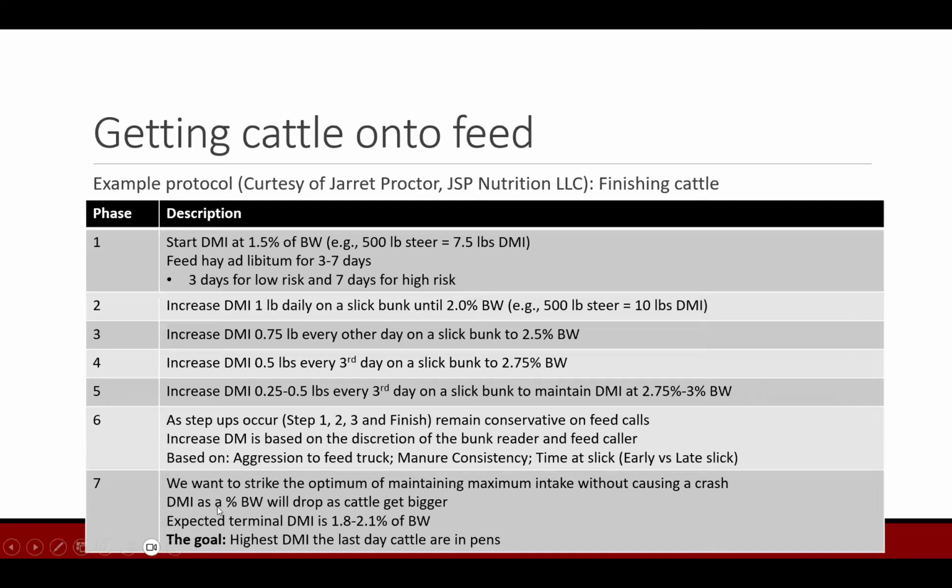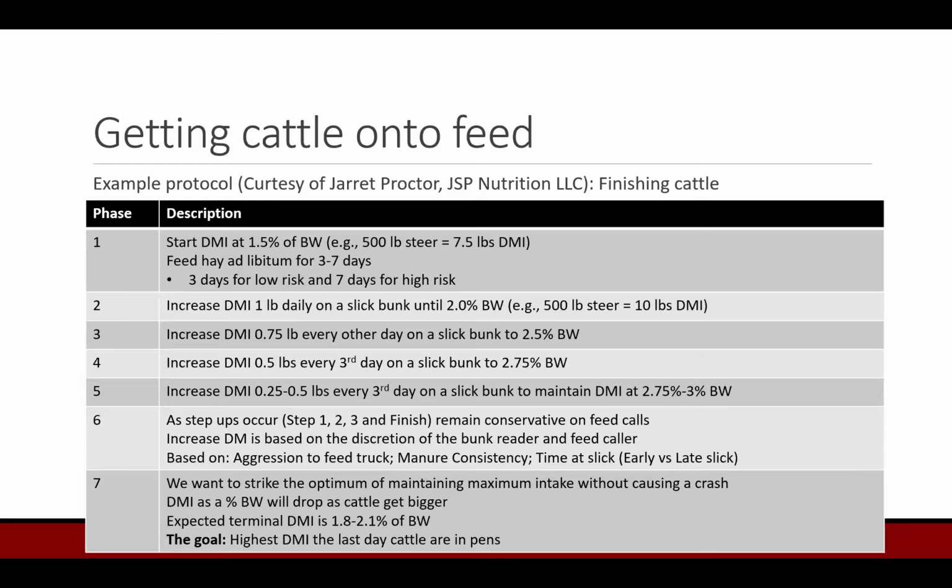Okay, so dry matter intake as a percent of body weight will decrease as cattle get heavier. Okay, we're seeing this in the study I have at McGregor now. We started them on full finisher when they reached 2.8% of body weight of dry matter intake. When they first were transitioned to the finisher, they're eating about 3% of their body weight as full finisher.